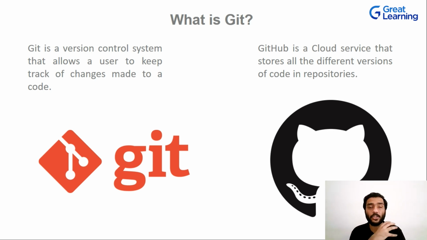Git is going to make sure of all the changes we've made, keeping track of them, allowing us to push our code from our local system onto our remote servers, whereas GitHub is basically a remote server that is used to store all of these different pieces of code. I hope the distinction is pretty clear between these two. Git will be used locally and GitHub will be used online to store all of your code.